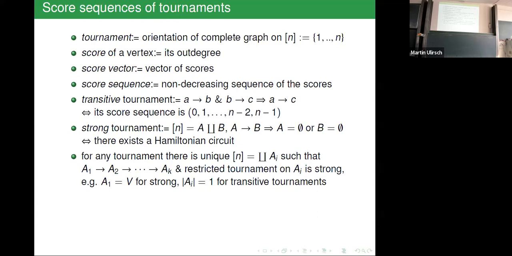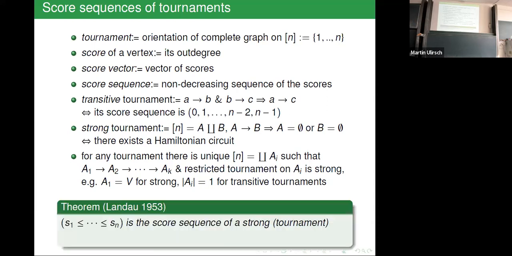And then the first result, which will also be crucial for us, is funnily enough due to a mathematical biologist, Landau. In 1953, he was interested in animal societies, thinking about dominance between two animals in the group, and he was studying the combinatorics of that.